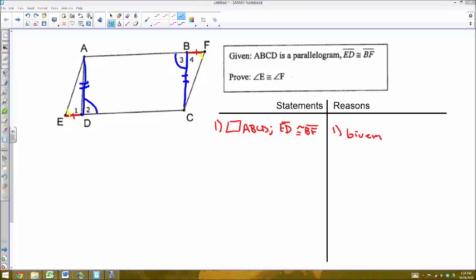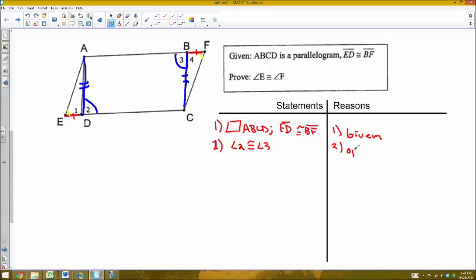So to quickly write that up, now that we have a plan, first, I'm going to mention that angle 2 must be congruent to angle 3 because the opposite angles of a parallelogram are congruent. I'm also going to mention that AD must be congruent to BC because the opposite sides of a parallelogram are congruent.